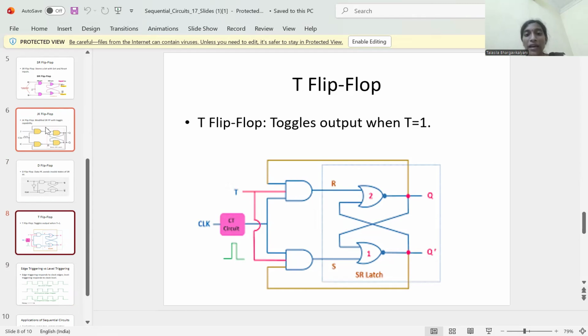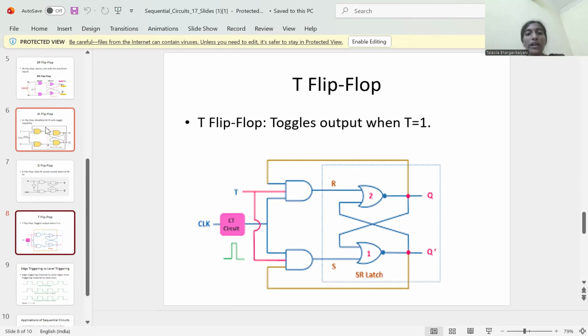It is called no change. If T is equal to 0 and Qn is equal to 1, then Qn plus 1 is equal to 1. These two are called no change states.